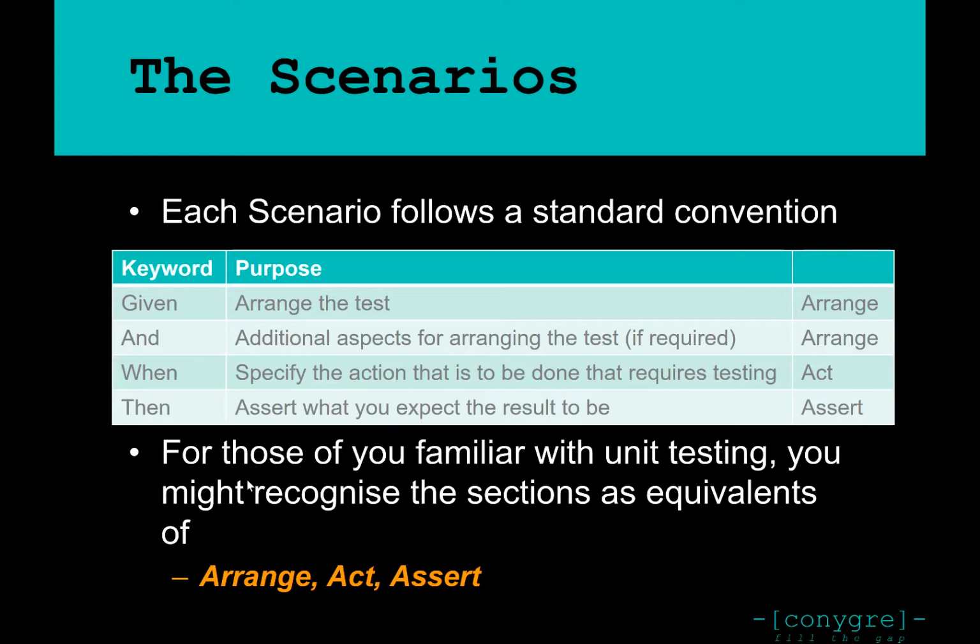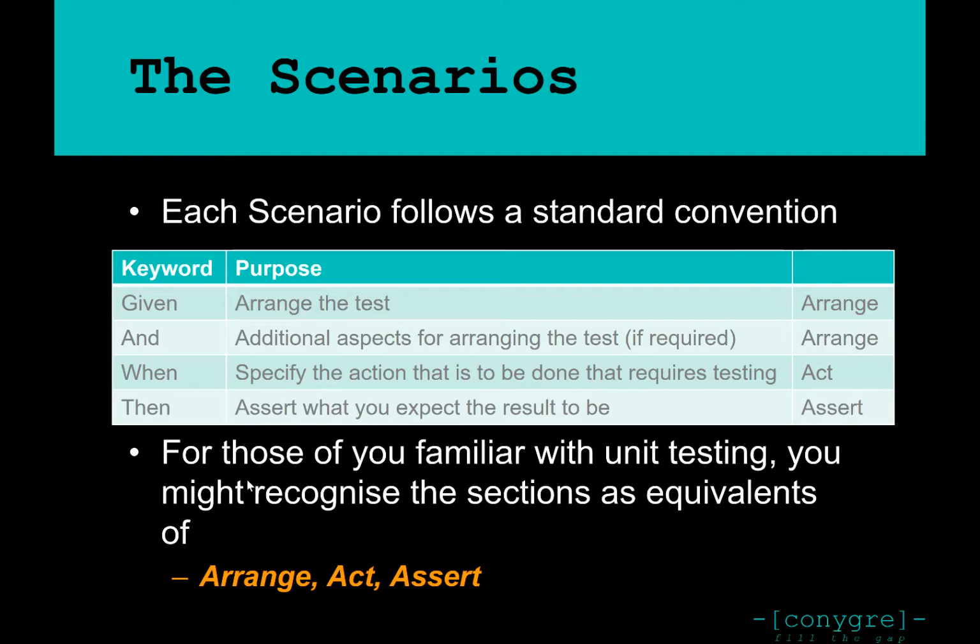You might need more steps, so you can have ands in there if you need them. Once you've set the clock up, the when is where you specify the action, so when it's midnight or when it's midday. Then you assert what the result should be: then I expect the text midday, or then I expect the text midnight.